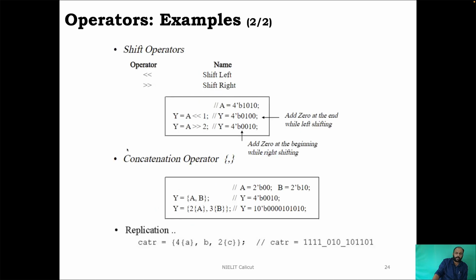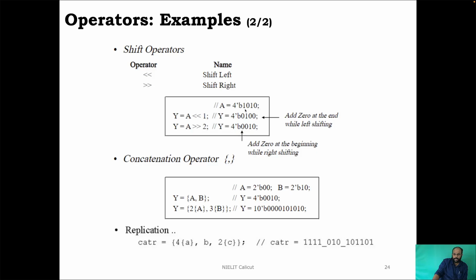Now let's look at another operator called the shift operator. Shift operators are used for shifting the bits of a particular number. For example, consider the variable A which is equal to 1010. If you apply the left shift operator, A left shift by 1, what happens is the number bitwise shifts to the left.